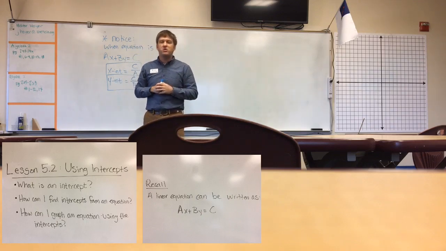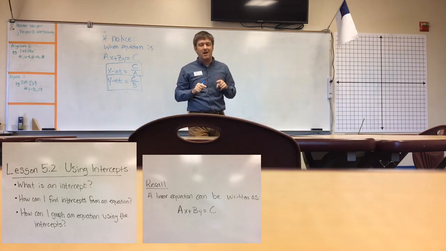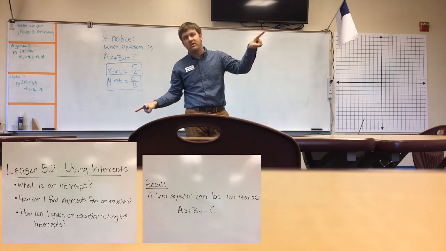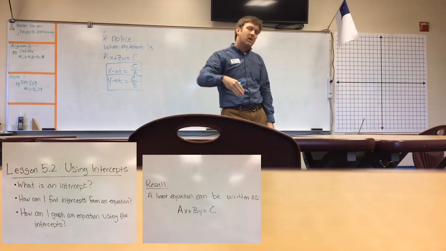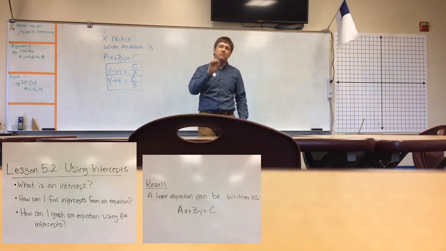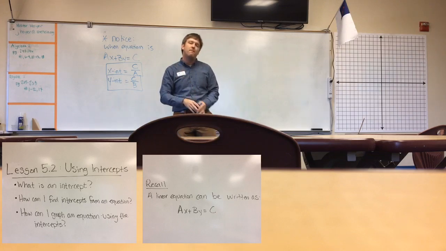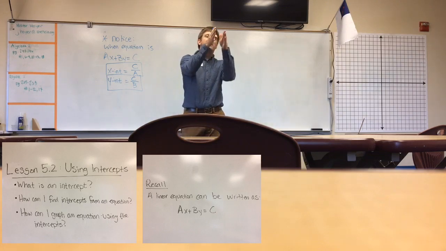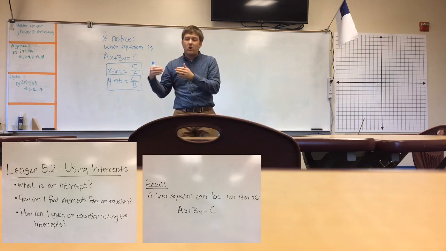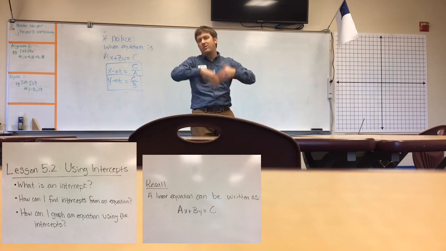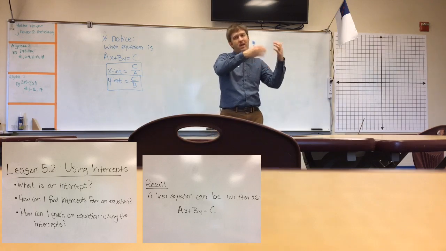Some of you have heard me mention before that because a line is a one-dimensional figure, you only need 2 points to figure out where the line is. Another reason is because of what we talked about in lesson 5.1. The rate of change is always the same in a linear function. So when I go right 1 x, I go up the same number of y as when I go right 1 x again.